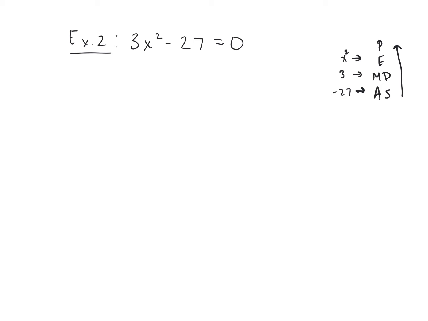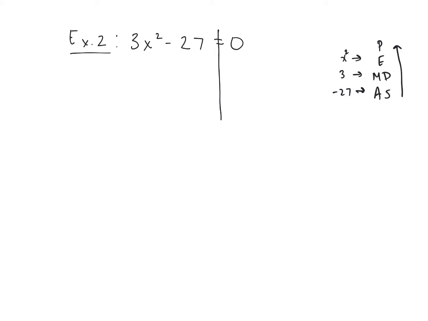So I'm going to start by undoing my adding and subtracting that 27. Then I'm going to undo my multiplying the 3. Then I'm going to undo my squared by taking a square root. So that's my process here. And I'm always going to set that up so I know what order to go in. The most important thing is knowing the order, because once you know the order, we should just be able to undo the operations with their inverse.